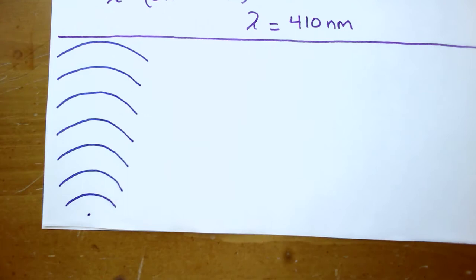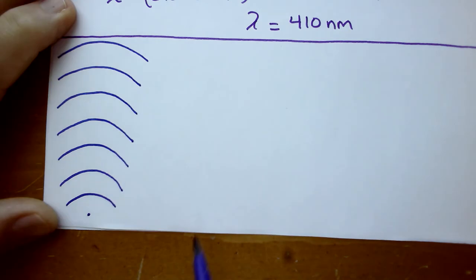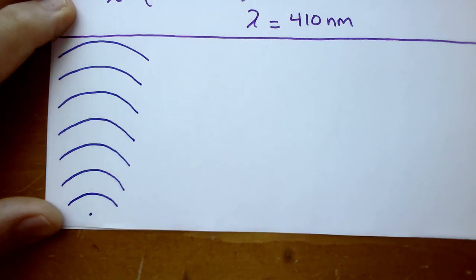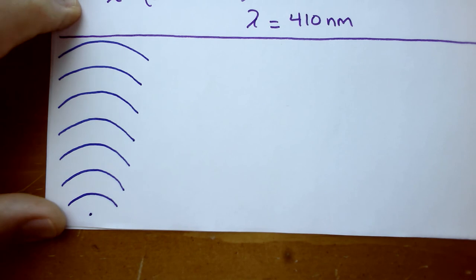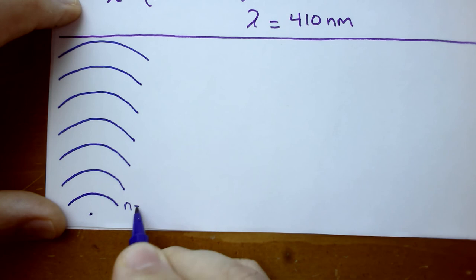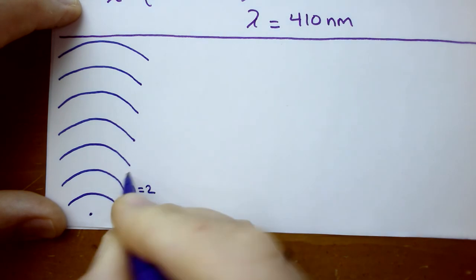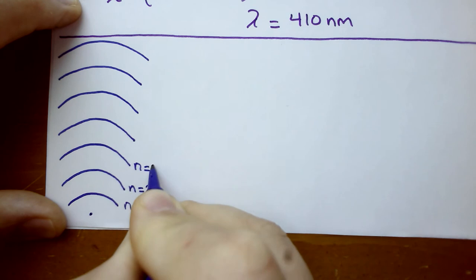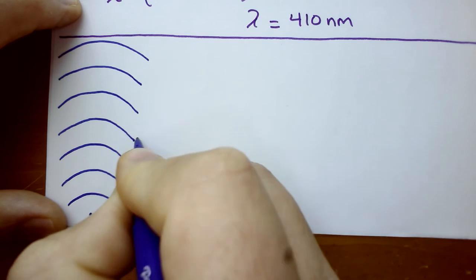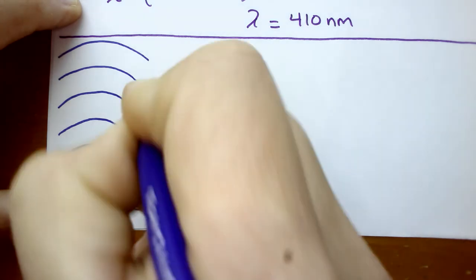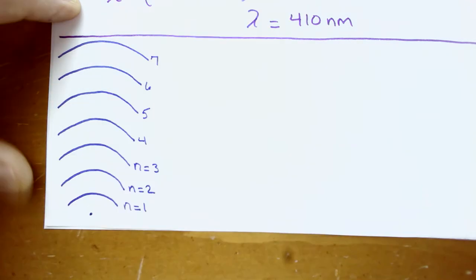And these energy levels, Bohr gave them a principal quantum number, and that would be n. So n is equal to 1, n is equal to 2, n is equal to 3, and then 4, 5, 6, and 7, and it can go on to infinity.